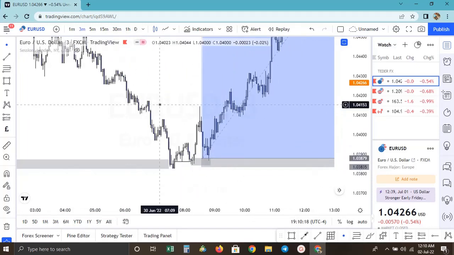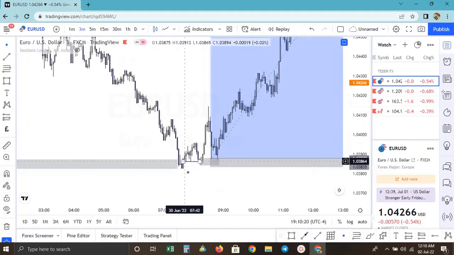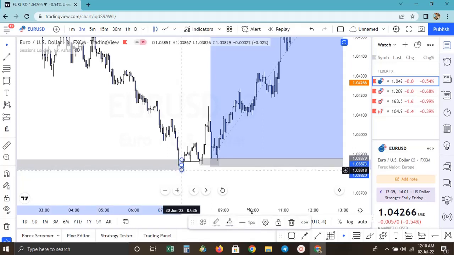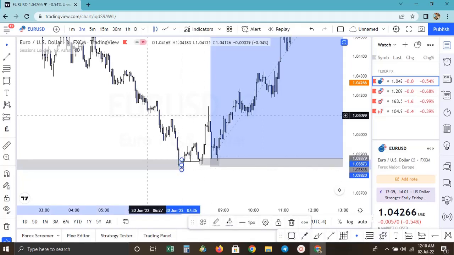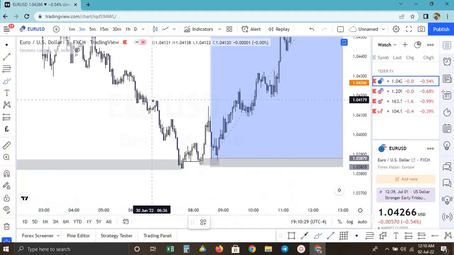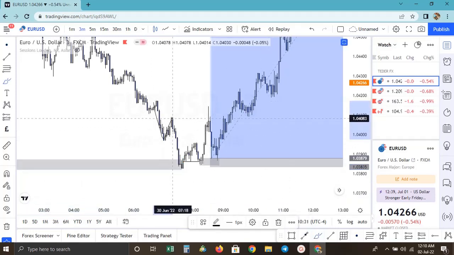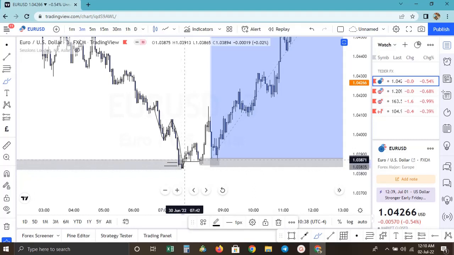So what happened when they were coming down in structure? The same thing, family. Lower low, lower high, lower low, mitigated our point of interest. Then what happened? Created a new lower high. They are about to create a new lower low, but they failed to break this previous lower low.